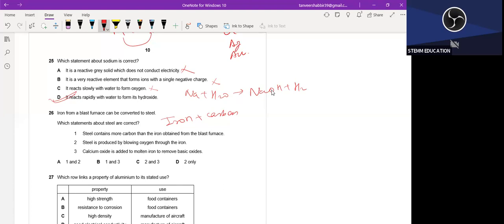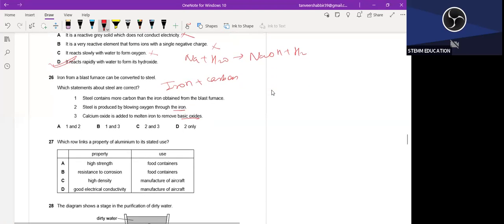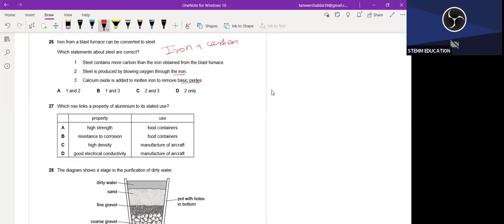Steel is produced by blowing oxygen through the iron, and calcium oxide is added to molten iron to remove basic oxides. So here, okay, we'll say this is 26 or 27.